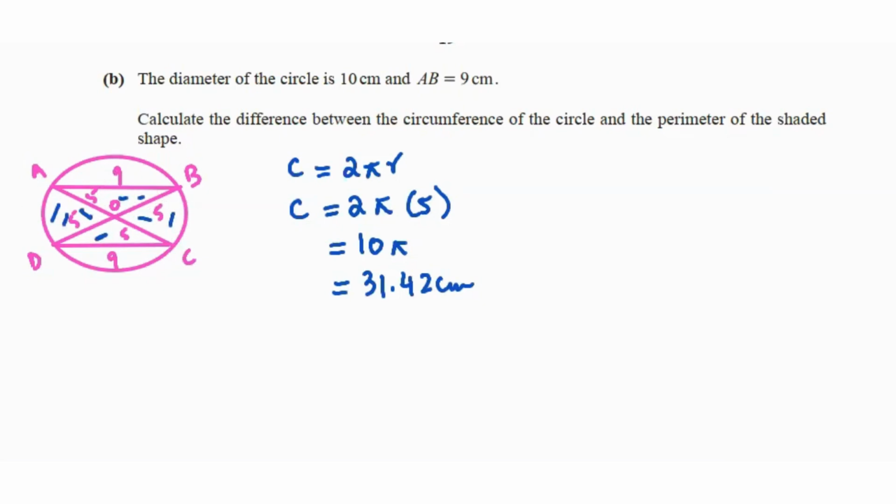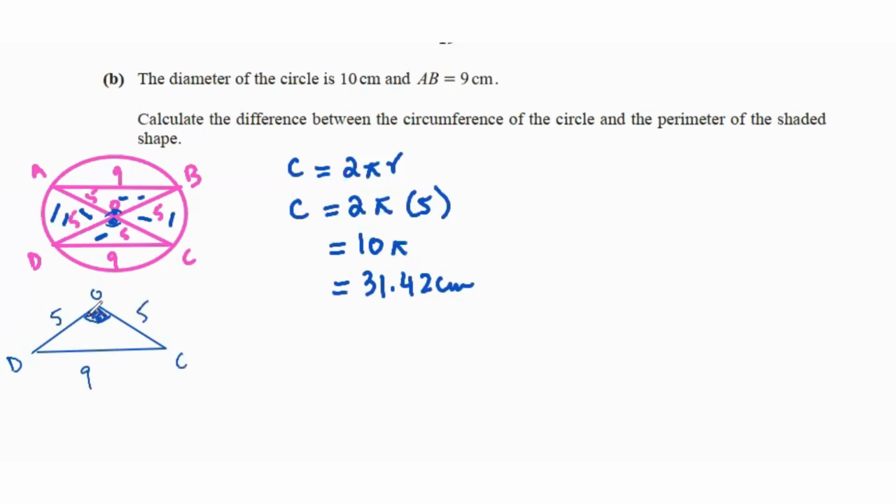We can find this angle over here. How can we find these two angles? If we look at this triangle, I'm going to draw that separately as well. This is the triangle that I'm talking about, DOC. So we know that this is 5, this is 5, and this is 9, and we need to find this angle.